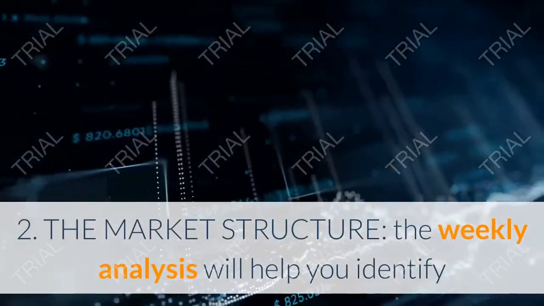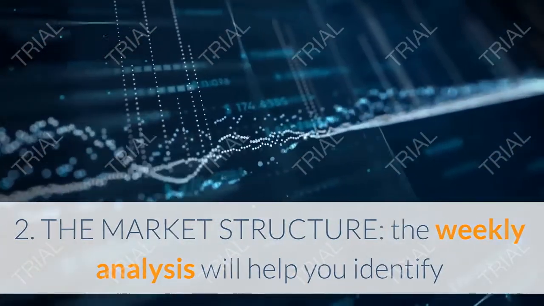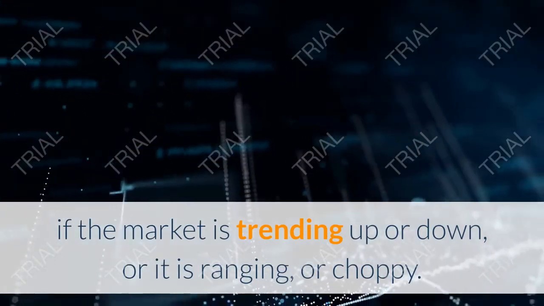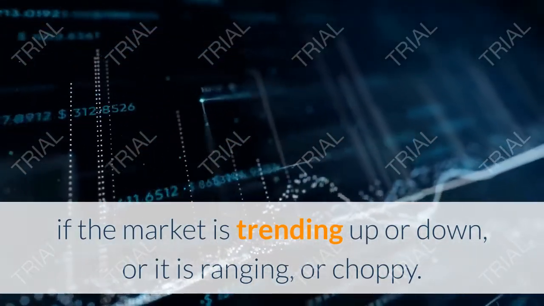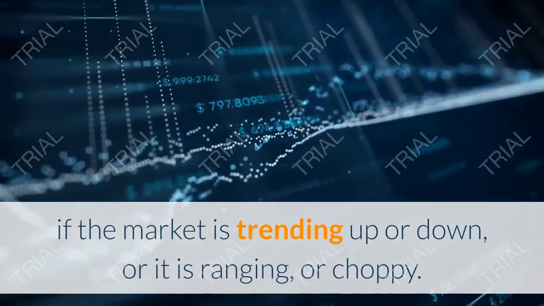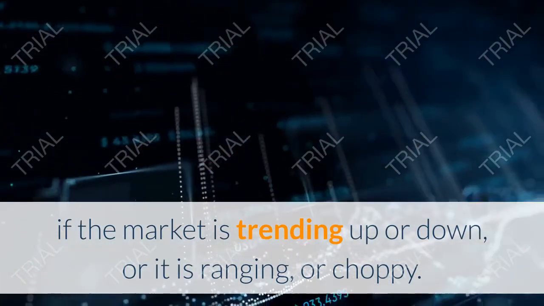Another one is the market structure. The weekly analysis will help you identify if the market is trending up or down, or it is ranging or choppy. So when you use the bigger time frame, it will help you to know the market structure.